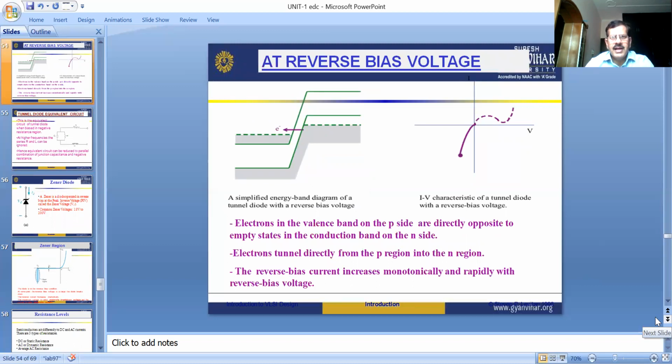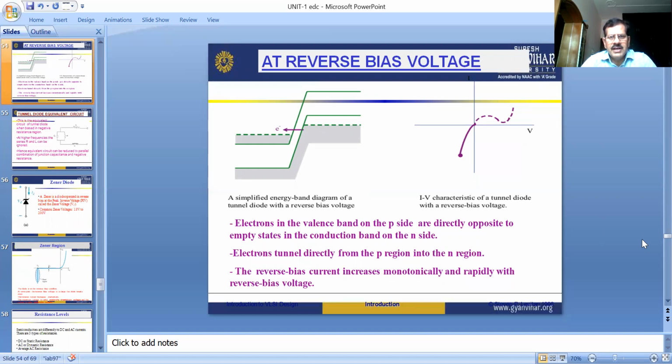Next, at reverse bias voltage, that is the next condition. You see in this graph, current versus voltage in the third quadrant, the value of current with respect to voltage at the reverse bias voltage condition.